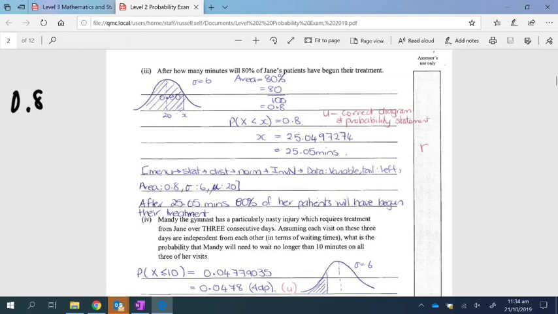But that's okay because we already know this bit, don't we? 50. So let's subtract that out because I already know it. So what's that going to give us? 0.3. Now, find 0.3.